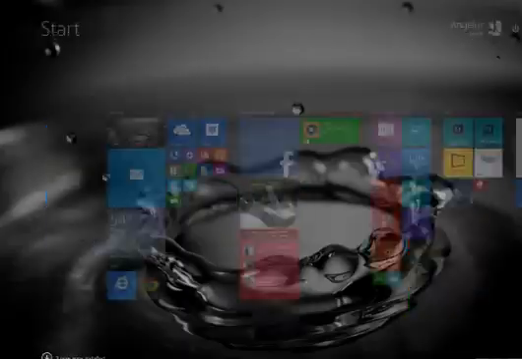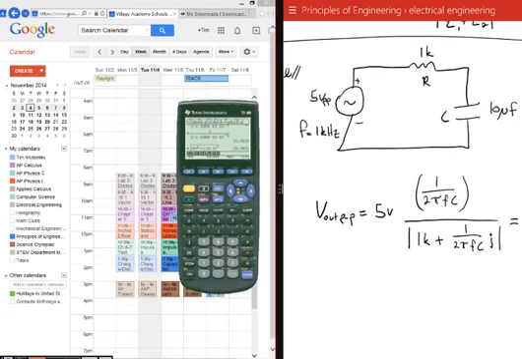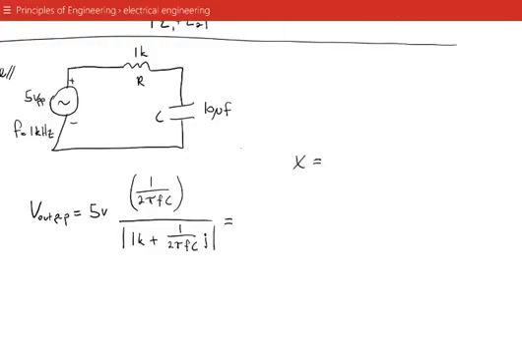So let's calculate that real fast. So in this case, we're going to have 1 over 2 pi times 1,000 times 10 microfarads. We're going to get the 15.9 ohms that we got in the last example we did together.